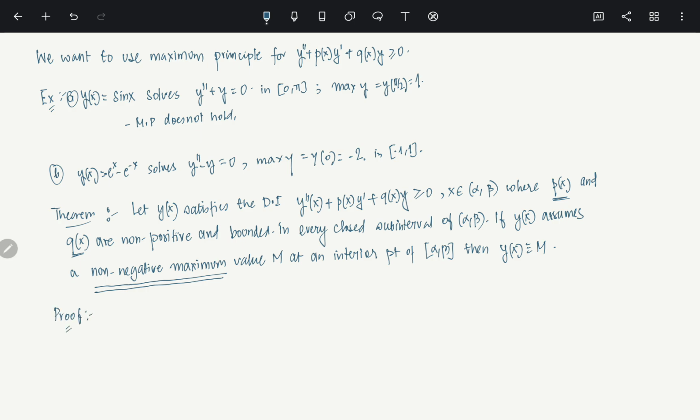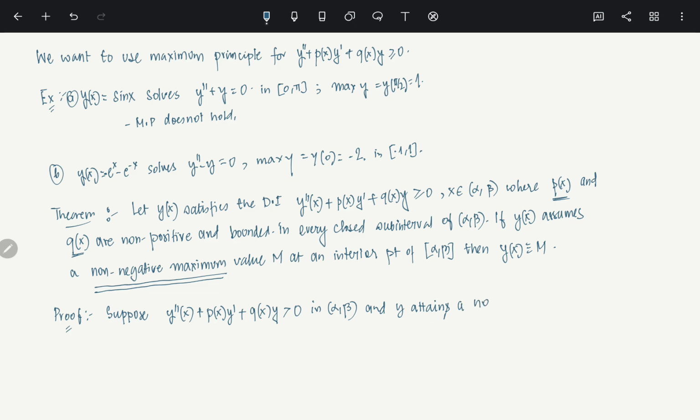Let's assume as we did earlier. First of all, suppose y double prime of x plus p of x y prime plus q of x y is strictly greater than 0 in (alpha, beta). Let's assume that. We will also assume that y attains a non-negative maximum.